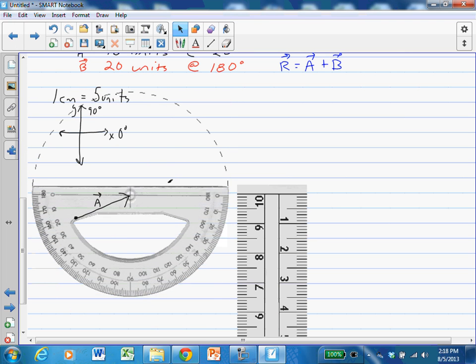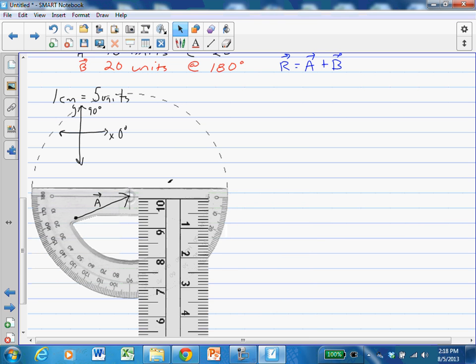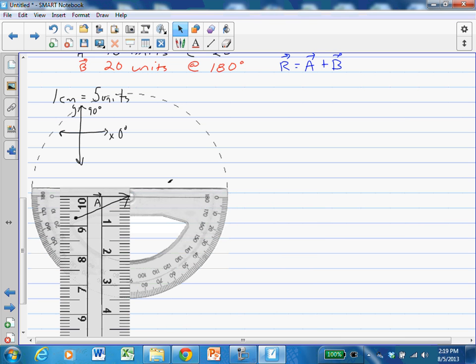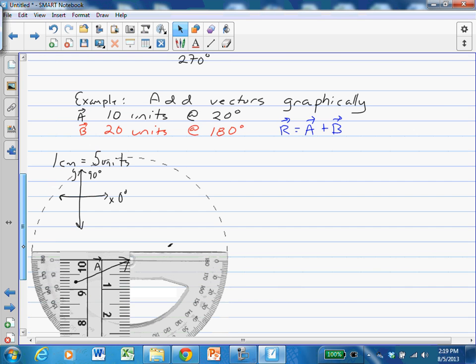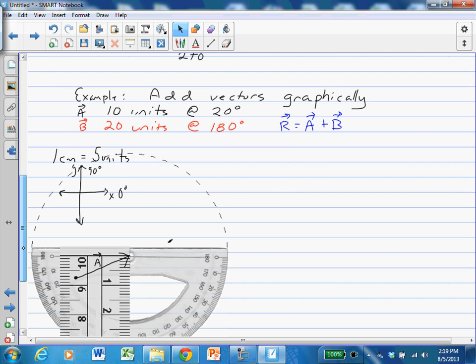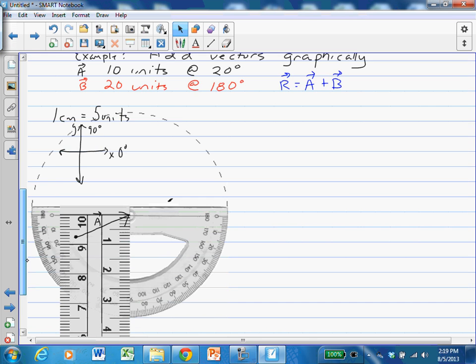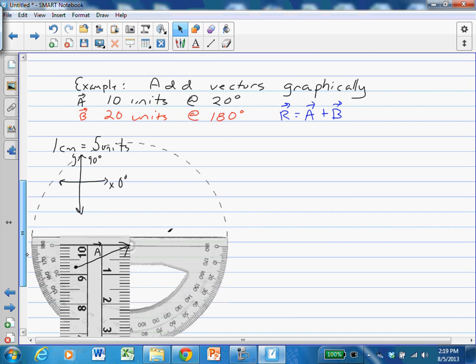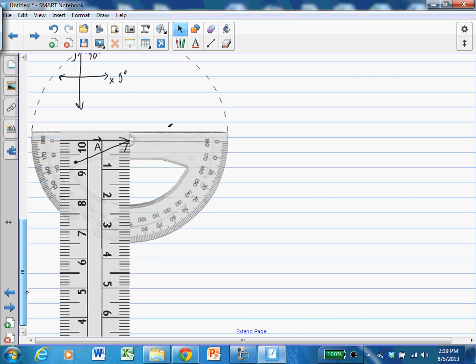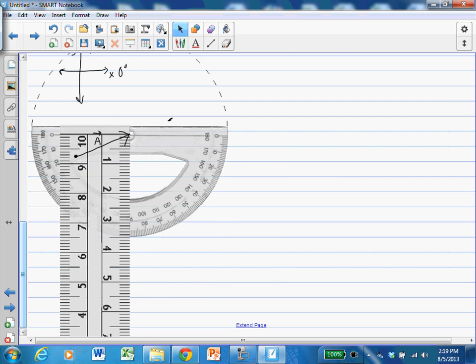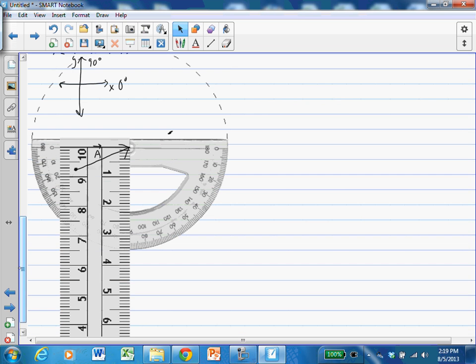Okay, so now how many units here? So 20 units. If 5 units are 1 centimeter, 20 units is going to be 4 centimeters. So the red one, B, is going to be 4 centimeters down.